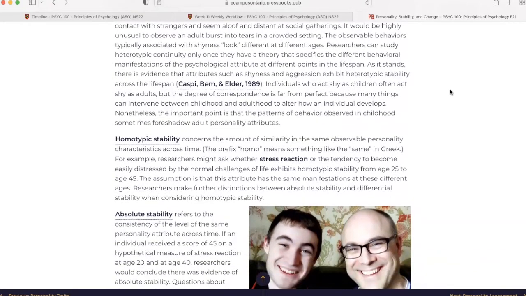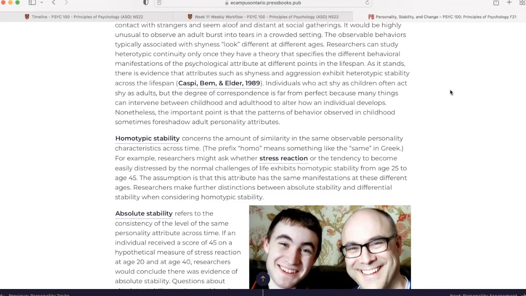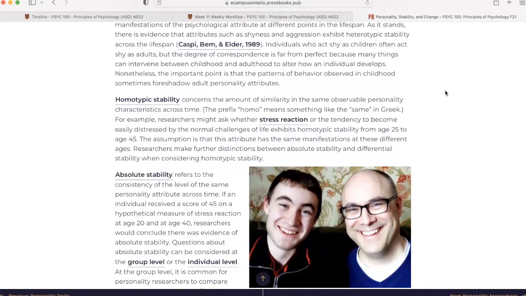Individuals who act shy as children often act shy as adults, but the degree of correspondence is far from perfect because many things can intervene between childhood and adulthood to alter how an individual develops. Nonetheless, the important point is that the patterns of behavior observed in childhood sometimes foreshadow adult personality attributes.